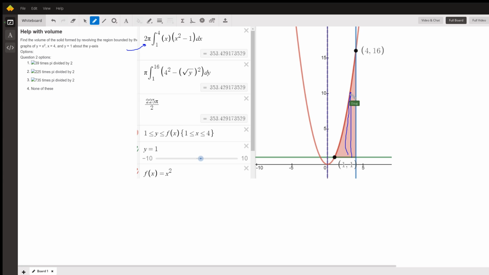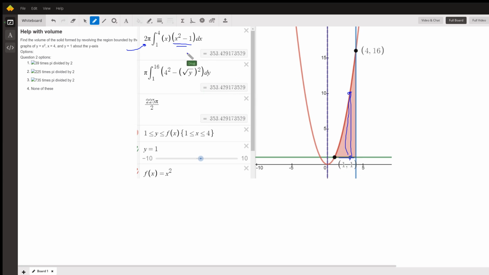And an expression for the height of that shell is, again, for any x between 1 and 4, we're going from 1 to 4, this height is x squared, take away 1. So that's what this is right here, the height of the shell.